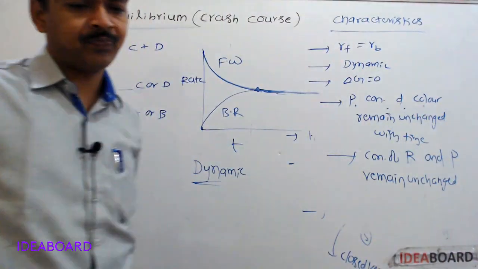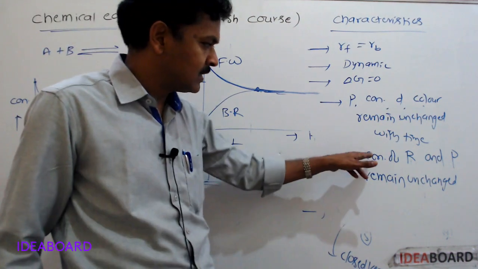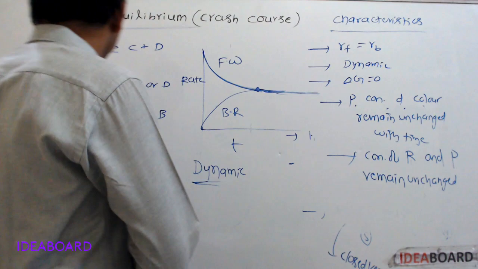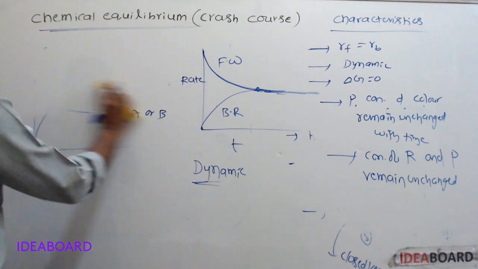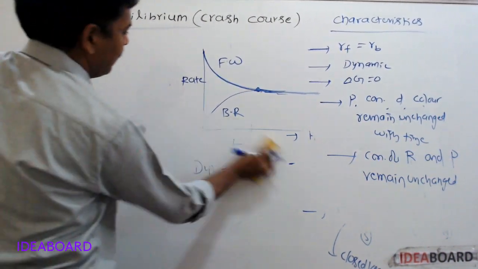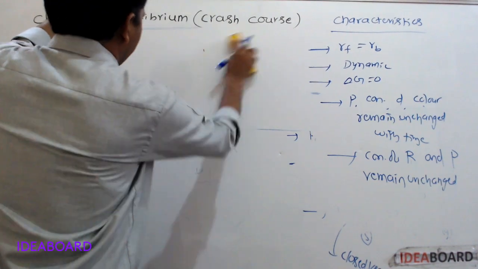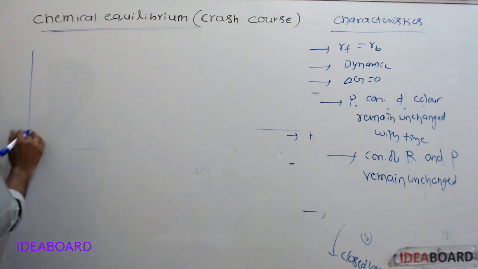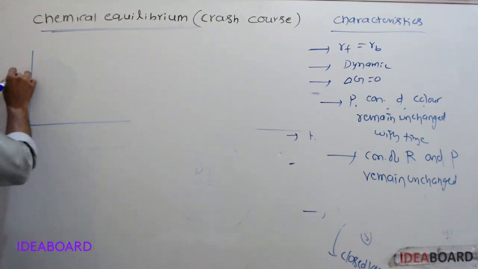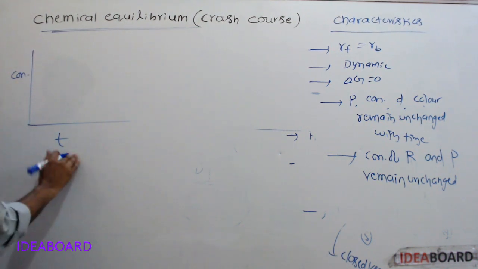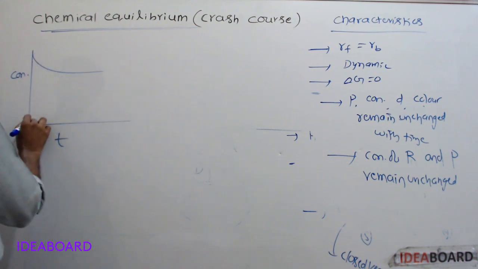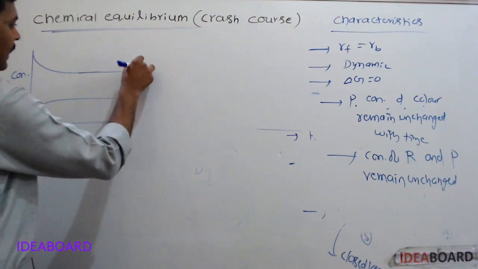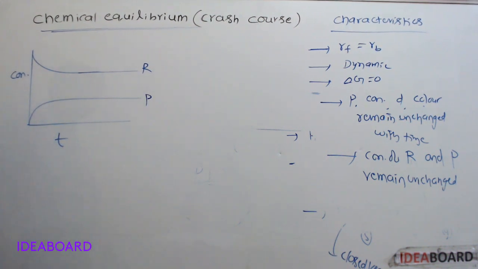After reaching the equilibrium state, the concentration of reactants and products remain unchanged with time. When a graph is plotted between concentration and time, this is for reactants, this is for products.